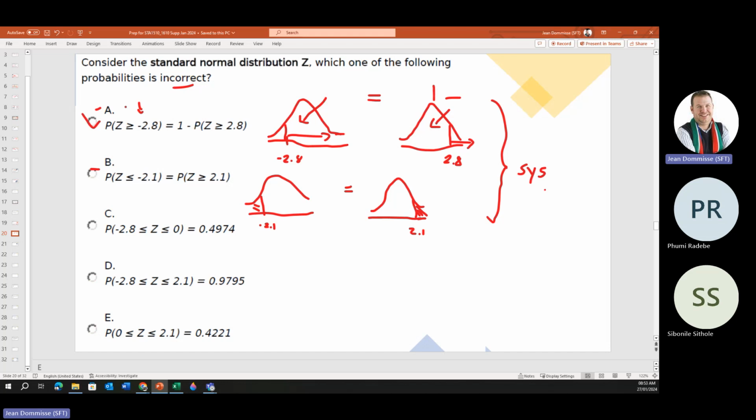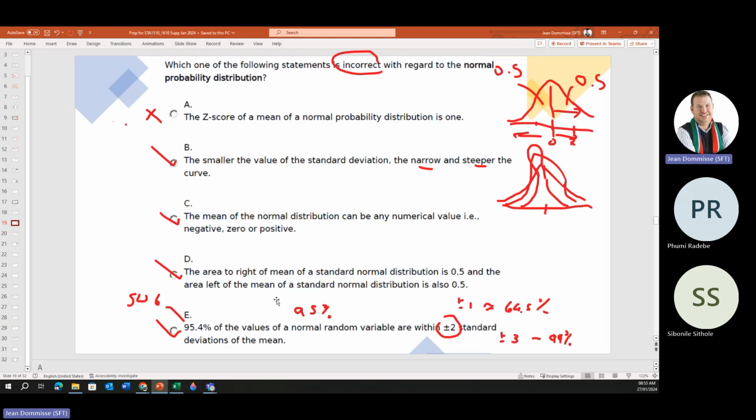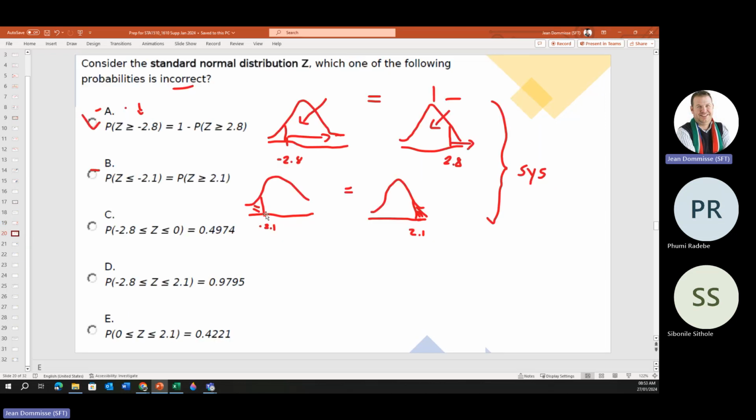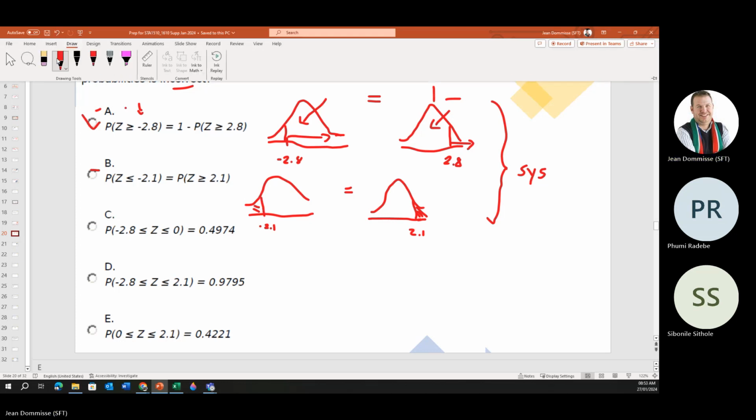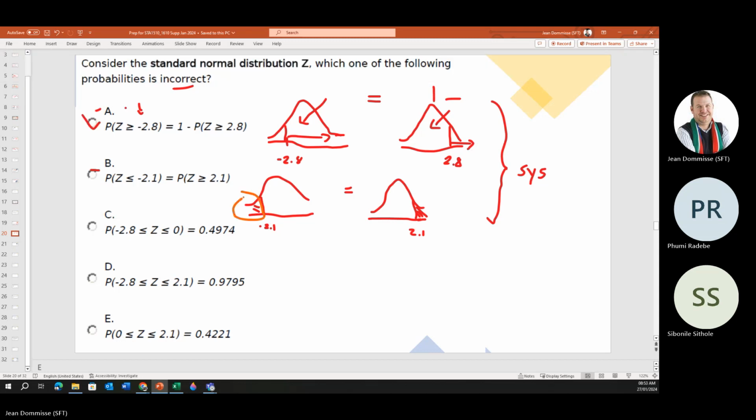If you look at the definition statements, this is because of symmetry. Because around the mean, that's why we also saw 0.5 on the one side of the mean, 0.5 on the other side. So because of symmetry, the minus 2.1 area and the plus 2.1 area is exactly the same.